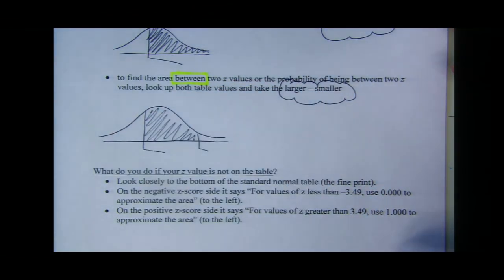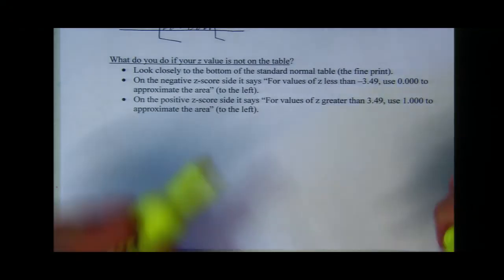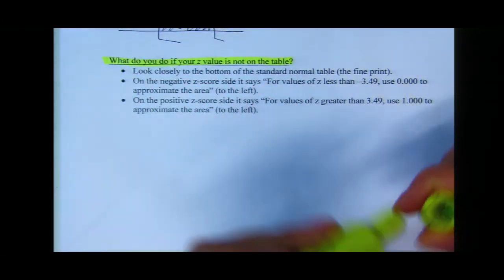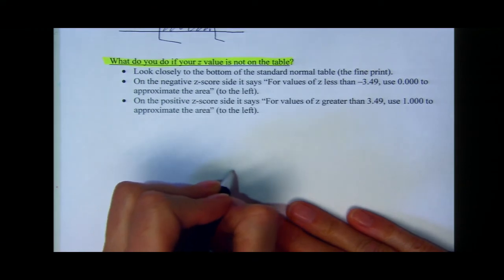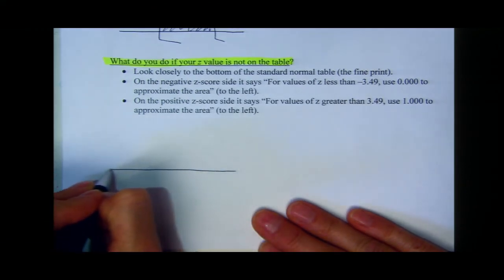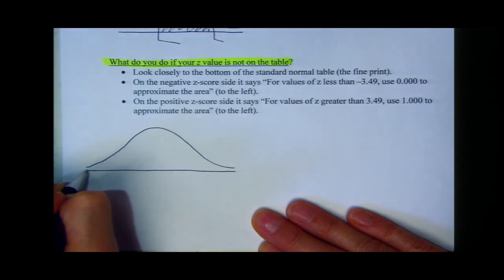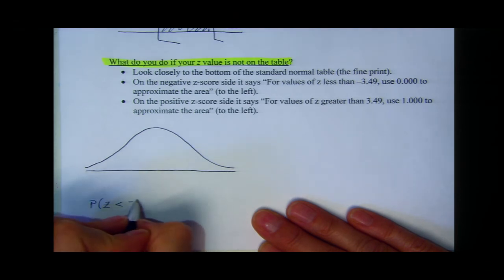Now, something that can occur, doesn't happen very often, but it might, and that is, what do you do if your z value is not on the table? So here's what I'm saying. Say that I want to know the probability that z is less than negative 4.10.